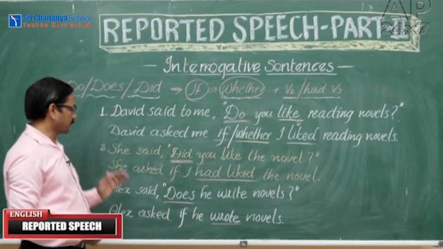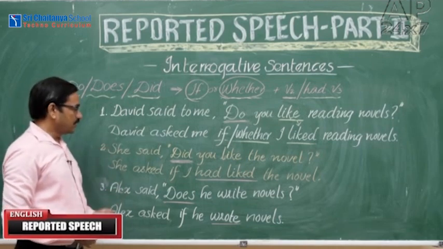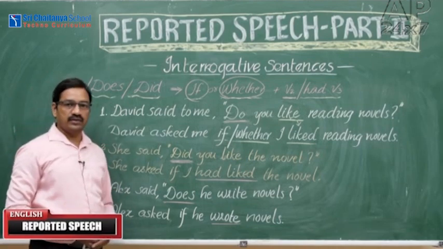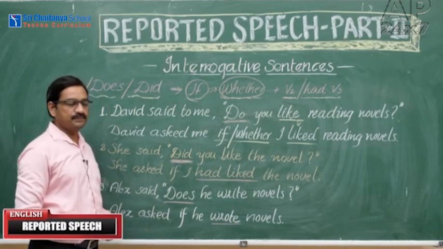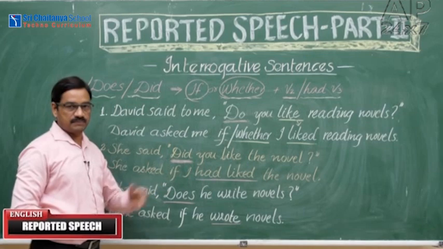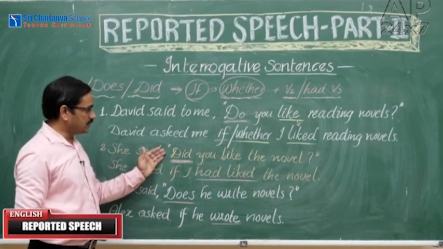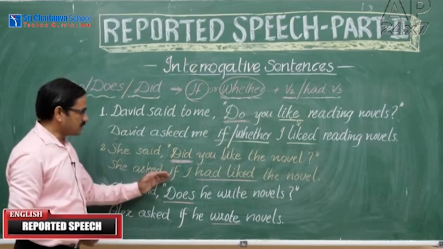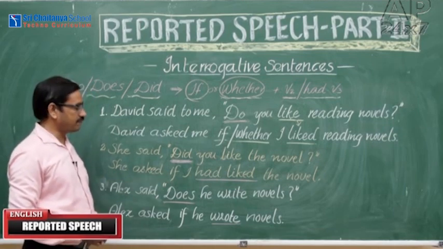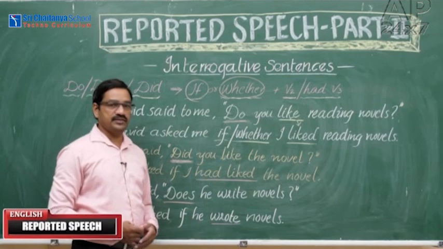Another example, she said, "Did you like the novel?" So this is a past tense question. Past tense becomes past perfect. Did is going to become had V3. She asked me if I had liked the novel.